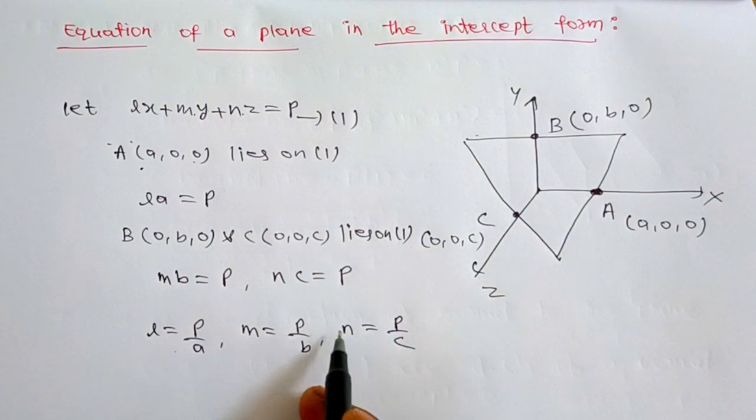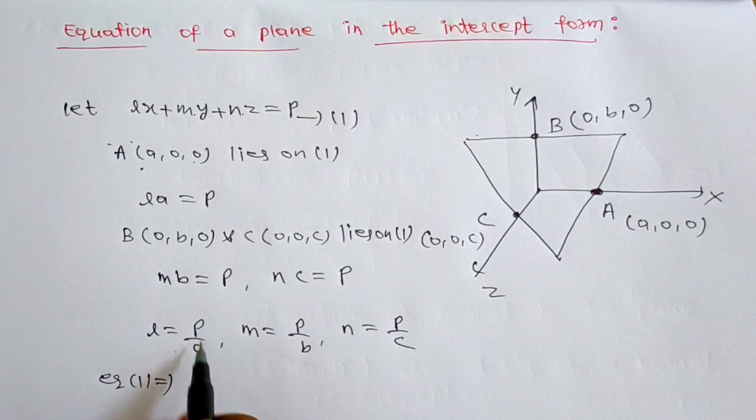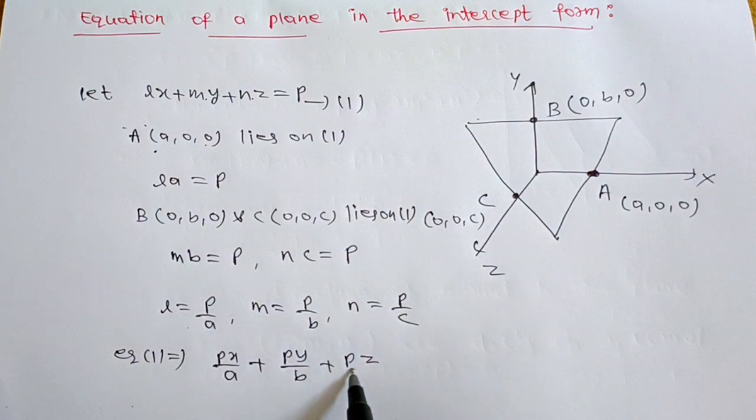Substitute l, m, n in equation 1. So clearly equation 1 becomes: l is p by a, that is px by a, plus my, m is p by b, that is py by b, plus nz, n is p by c, that is pz by c, equals p.